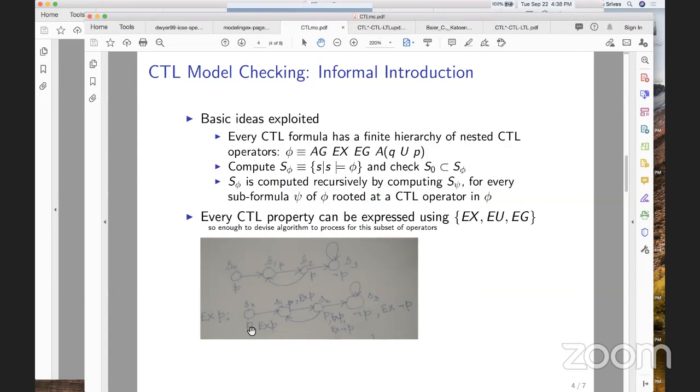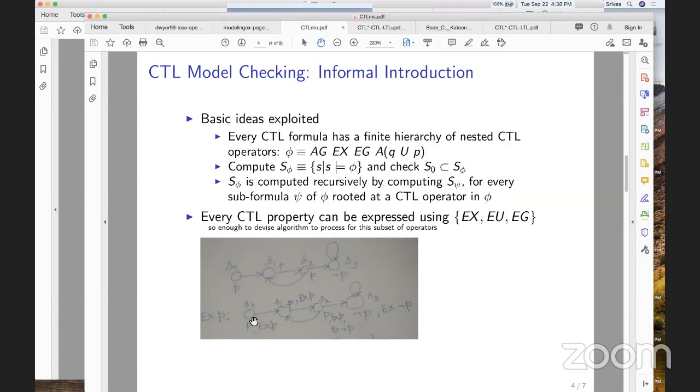It is true of any of the predecessors of such a state. So for each state in which P is true, you look at all the predecessor states. In every predecessor state of a state in which P is true, EX of P must be true.